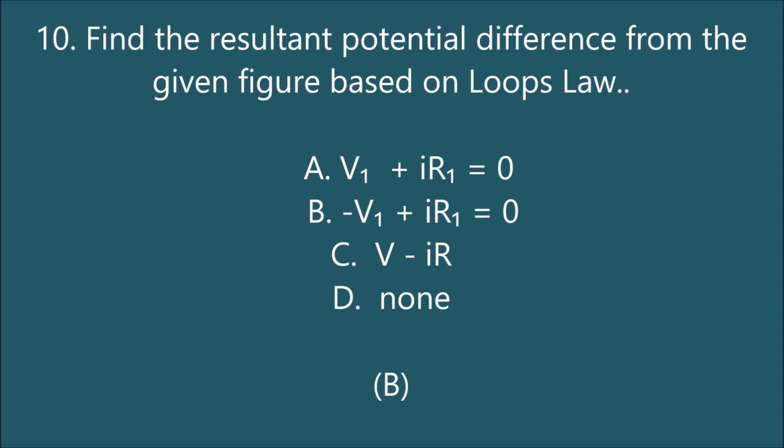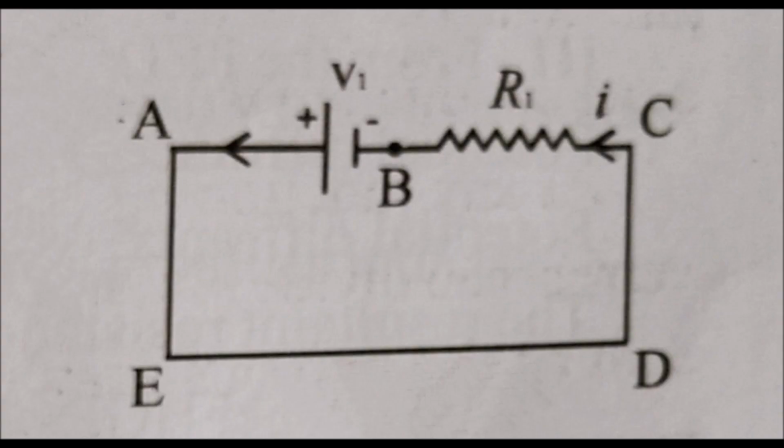Find the resultant potential difference from the given figure based on loop law. V1 plus IR1 is equal to 0, minus V1 plus IR1 is equal to 0, V minus IR, none. B is the right answer. That means minus V1 plus IR1 is equal to 0. Look at this image. So in the A, B, C, D, E, A loop, the potential difference at the battery is minus V1 because the battery is moving from positive terminal to negative terminal.